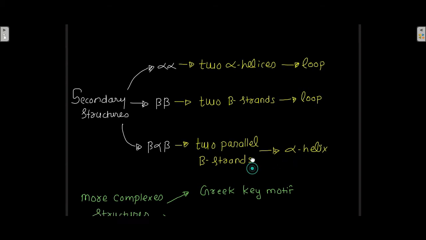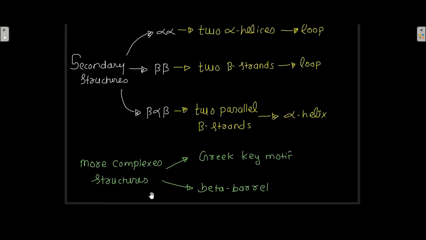And there are more complex structures as well in these super secondary structures, which we call Greek key motif and beta barrel. Okay, these two are more complex structures in the class of super secondary structures of proteins.